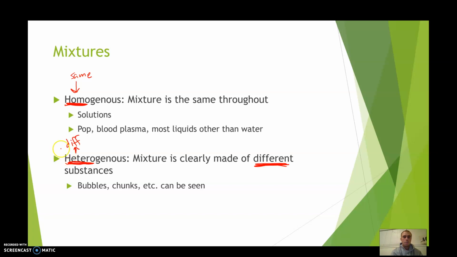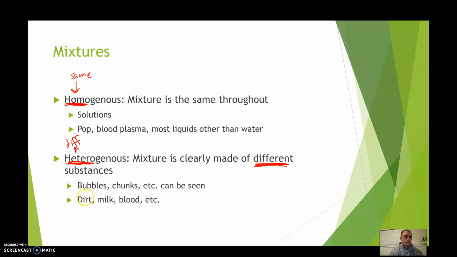So that oil plus water is a heterogeneous mixture because we can visibly tell the different portions of that mixture.